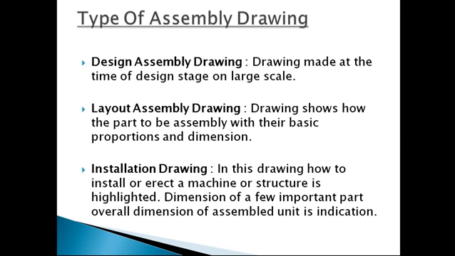The worker, by properly observing the bill of material, sees how many components are required and selects that number of components. Suppose the first component is required 2 times, he will select it 2 times. The second component is required 3 times, he will select it 3 times, and at the required location he is going to fit that part. Because of this, the layout assembly drawing is very much important.